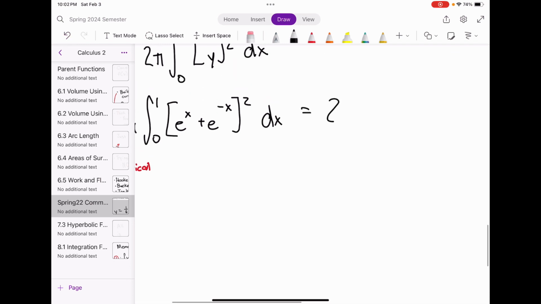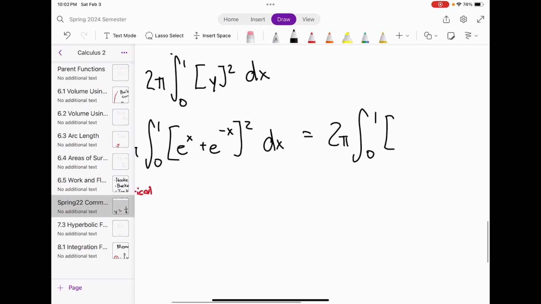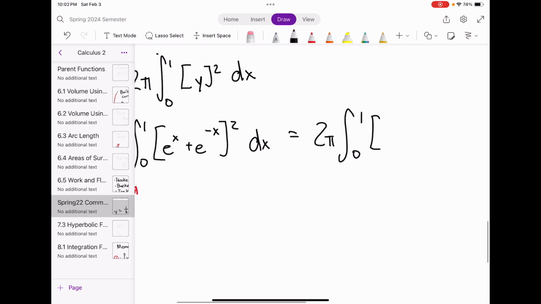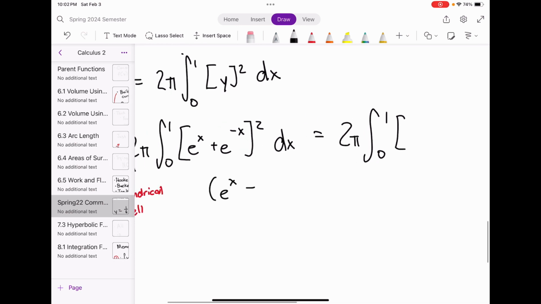Which is equal to 2 pi, the integral from 0 to 1. And don't put e to the 2x immediately. Remember that this is a FOIL. This is e to the x plus e to the negative x, times another e to the x plus e to the negative x.